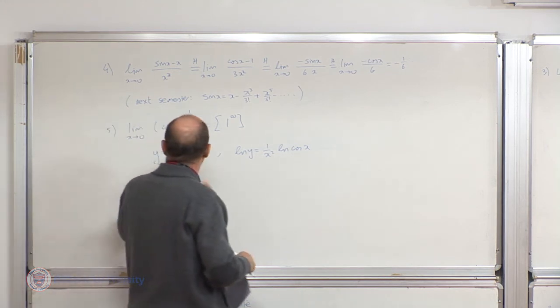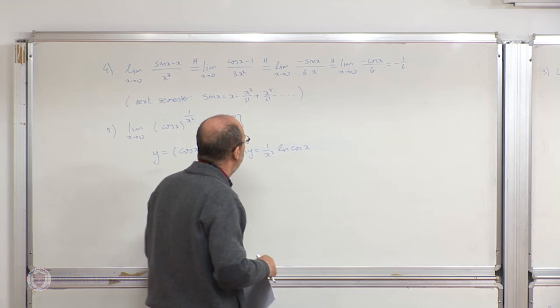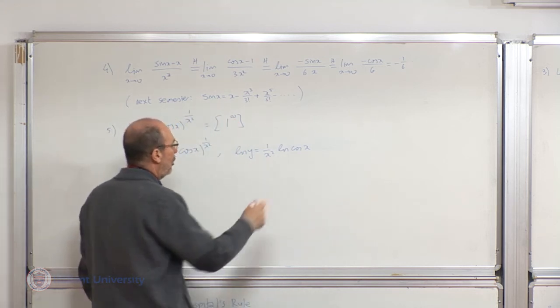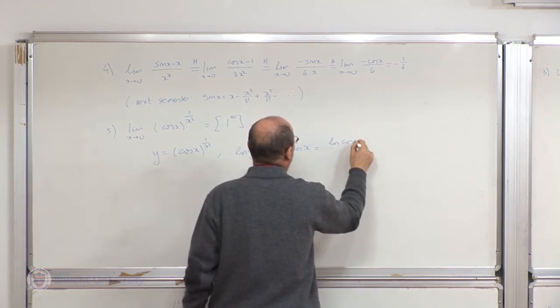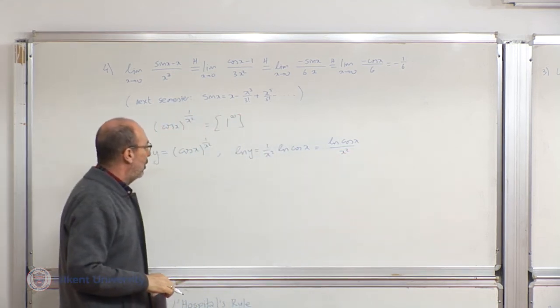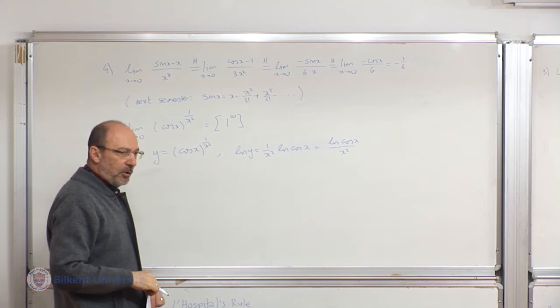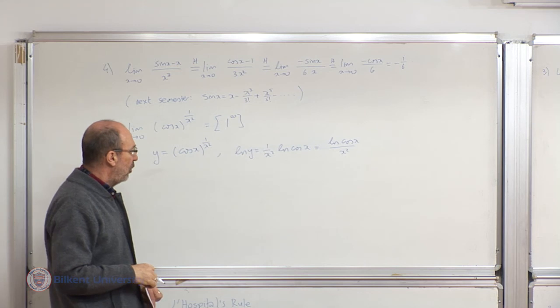Now when x goes to 0, ln cosine x goes to 0, divided by x squared going to 0. So this is already in this form, ln cosine x over x squared. When you take the limit, this will give you an indeterminate limit of the form 0 over 0.